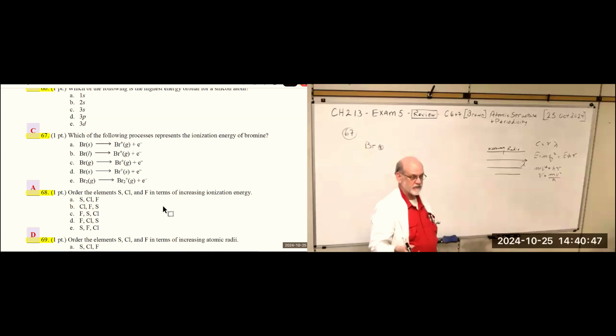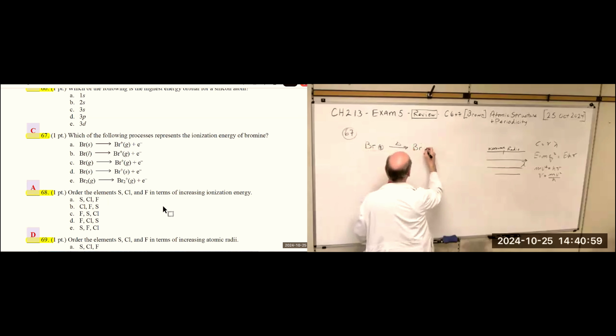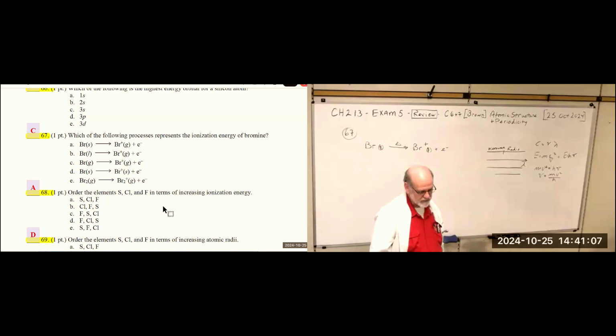You want to measure the amount of energy it takes to kick that electron out. And then the result of adding energy to it is a singly charged gaseous ion and the free electron. So C is the best answer for that one.